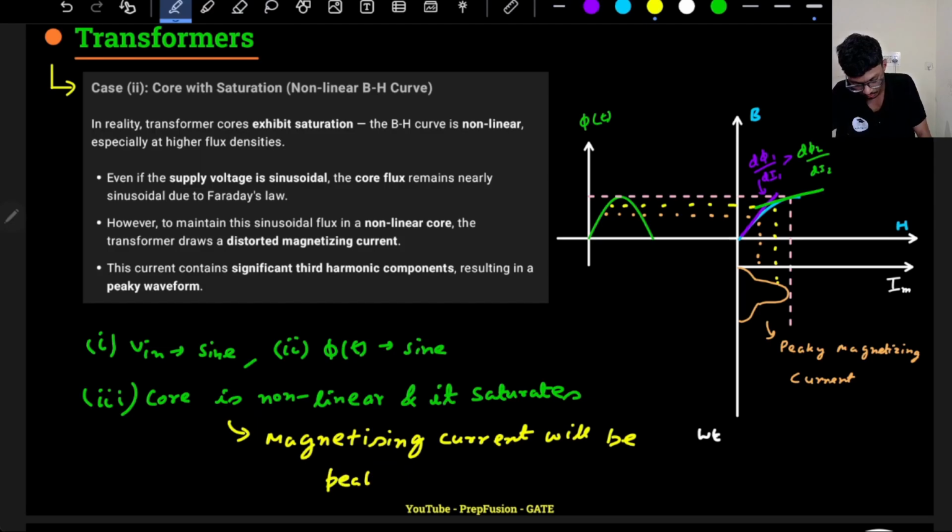Now you might have a doubt, sir, if the magnetizing current is peaky in nature, I know that due to magnetizing current only flux gets developed, so flux also will be peaky in nature. You are kind of correct.